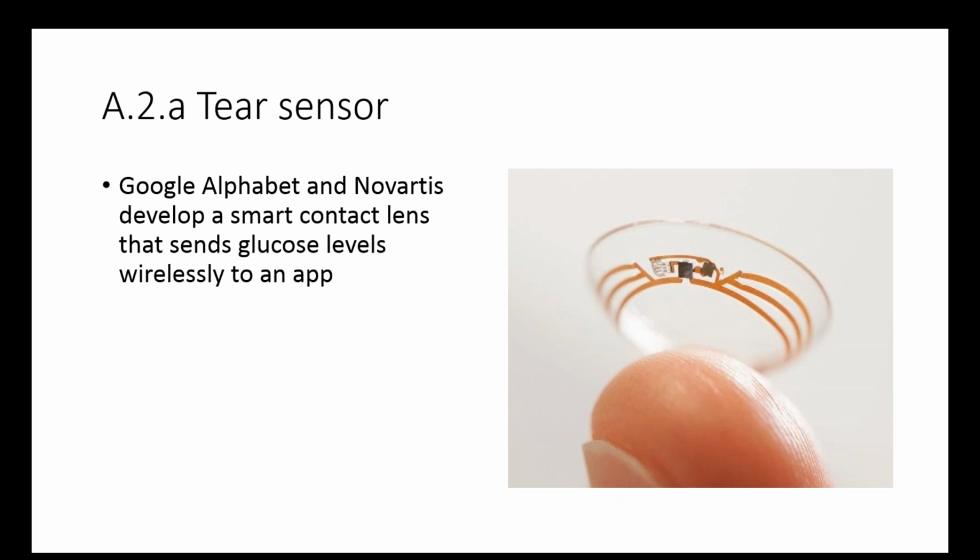Google Alphabet, the new side of Google Research, created a smart contact lens that would actually measure glucose level. My question is, where do you get the power from? I don't get that, because it's so small. But anyway, they say they do it.